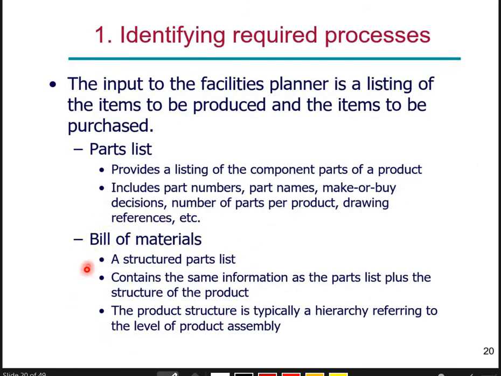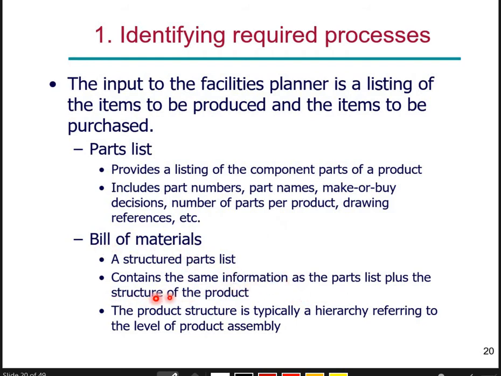Another way to represent the components of a product is the use of a bill of materials. Bill of materials is also a parts list, but it is a structured parts list. Okay, it contains the same information as the parts list. So the part numbers, part name, make or buy decision, all this information is contained in the bill of materials.